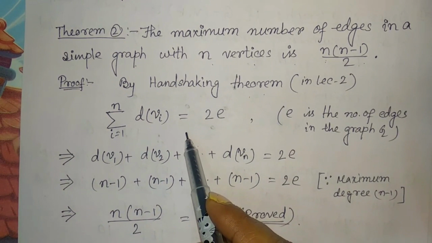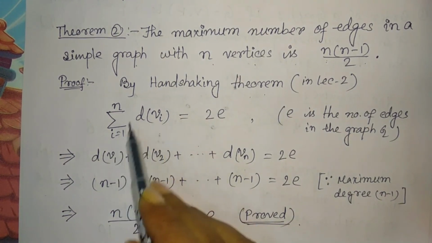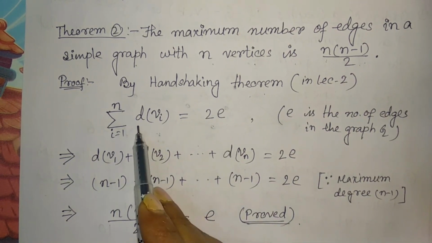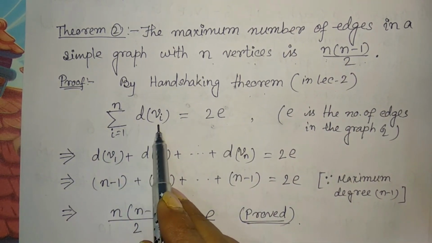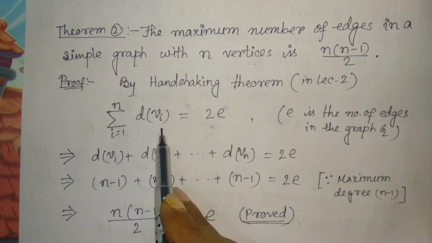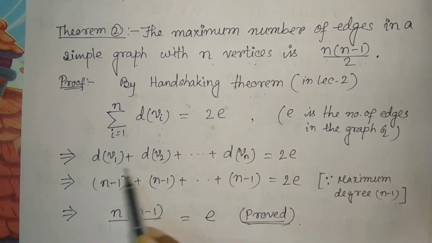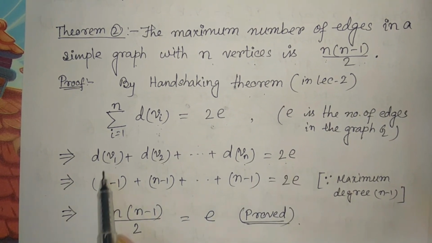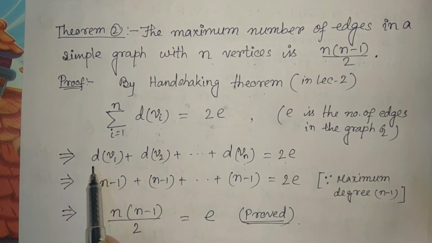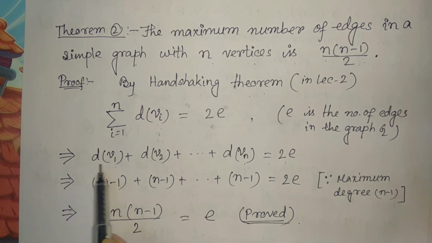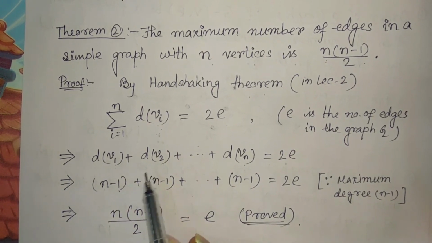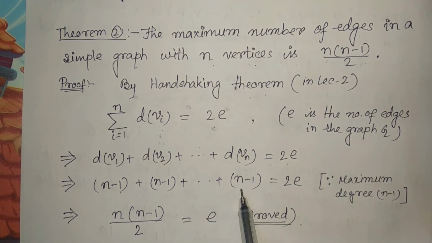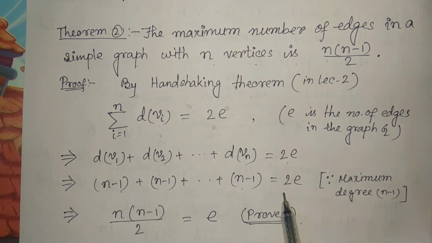According to the handshaking theorem, the total degree count for a graph is 2e, double the number of edges. That is, the sum of the degrees of vi for 1 to n, dv1 plus dv2 up to dvn, equals 2e. If it is a complete graph with n vertices, then the degree of v1 is n-1, the degree of v2 is also n-1, v3 is n-1, and vn is also n-1.